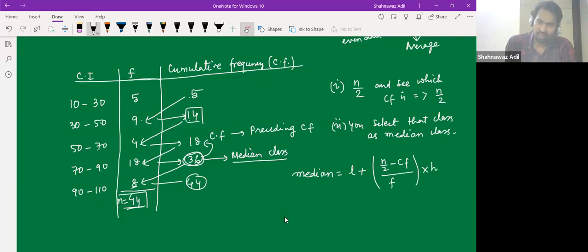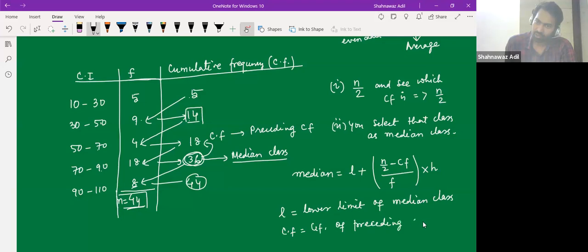Where L is the lower limit of this median class, and N by 2 you know, and CF is the cumulative frequency of the preceding class.